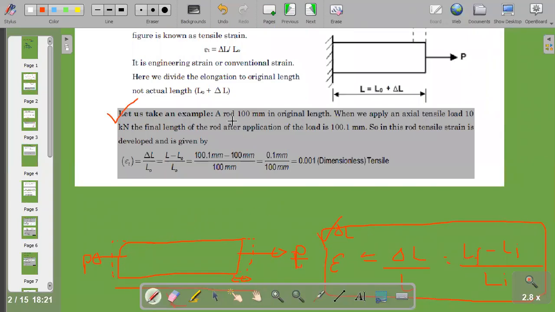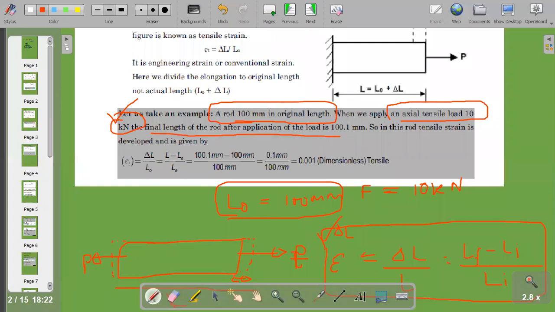Do this question. A rod of 100 mm in original length, that is, the original length of the rod is 100 millimeter, and an actual tensile load of 10 kilonewton, meaning force is 10 kilonewton, is applied on the body.